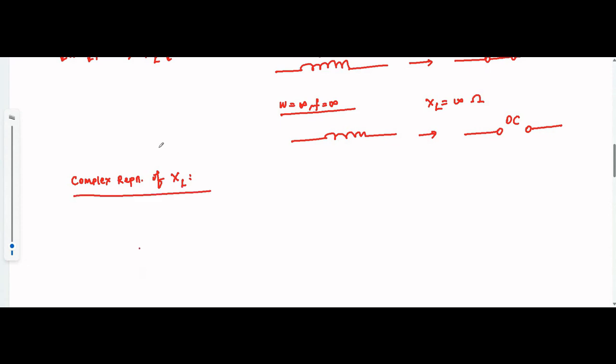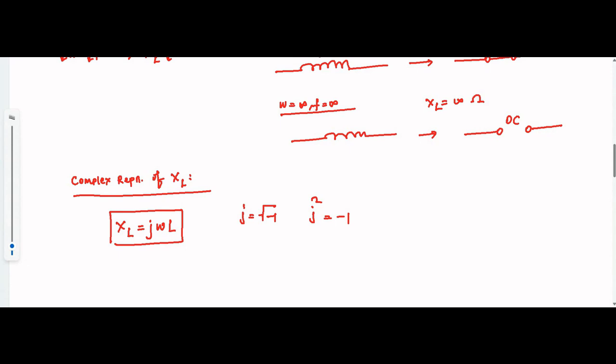Here XL is simply omega L, but when we go for the complex analysis of AC circuits, the inductive reactance is represented as J omega L, where J is equal to root over of -1, J square is equal to -1, iota.